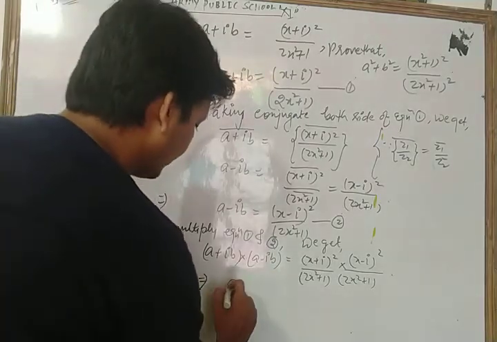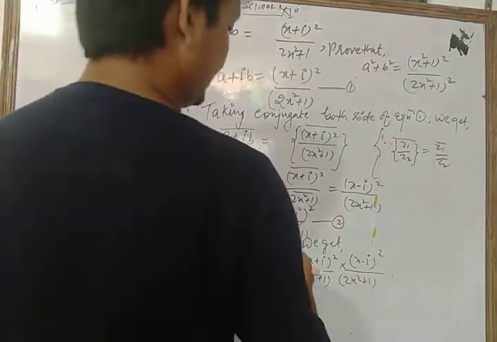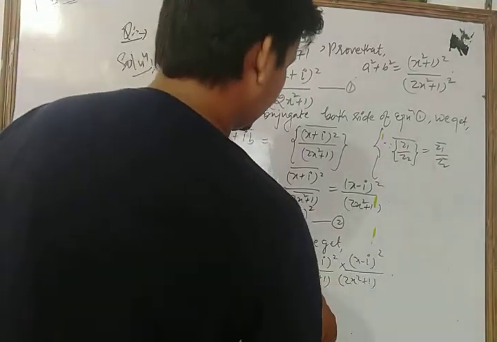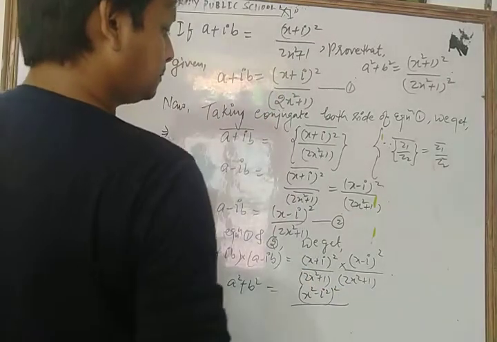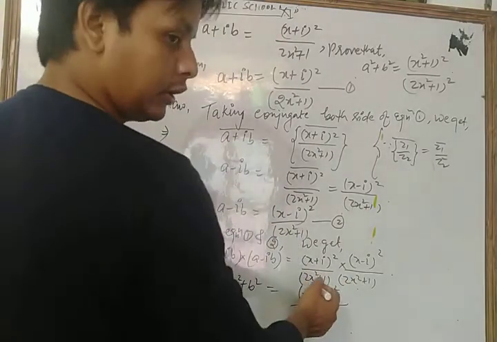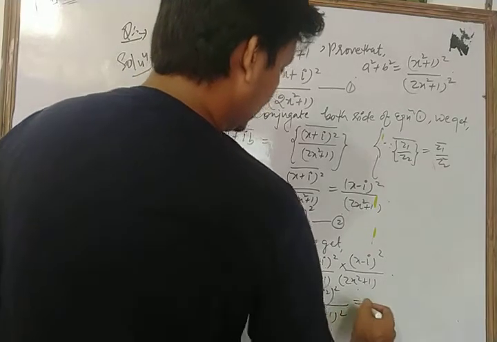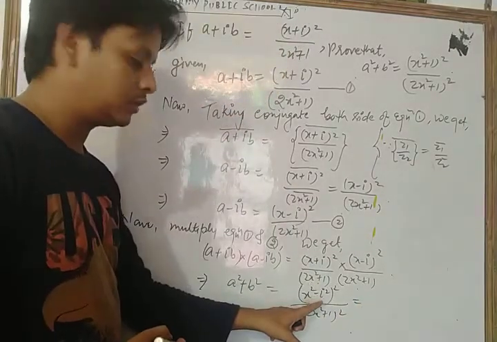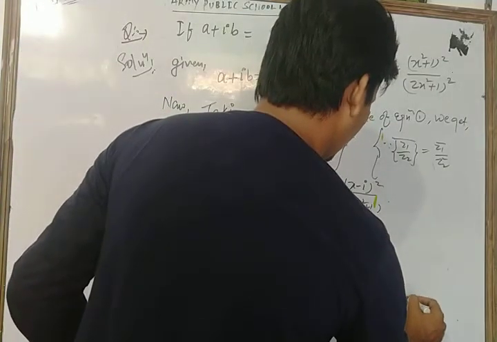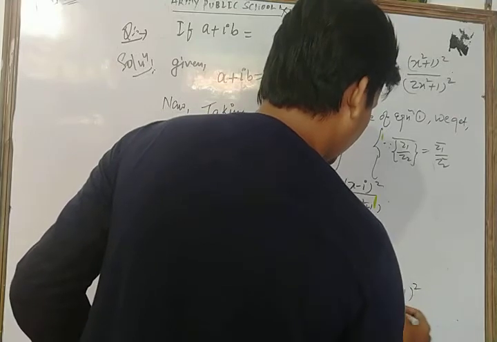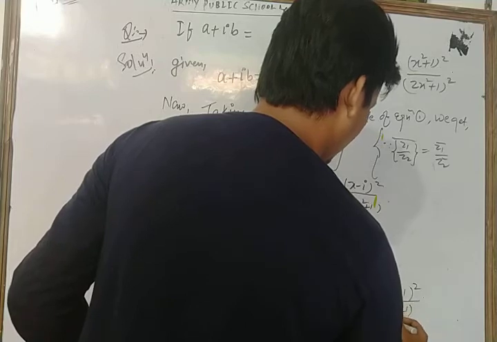So here dear students, we have a² + b² after solving that part. Now here we write (x + i)(x - i) as x² - i², whole squared. The same in the denominator, this is the same value, so we write (2x² + 1)². Here the value of i² is minus 1, so if we put minus 1, then we get (x² + 1)² upon (2x² + 1)².